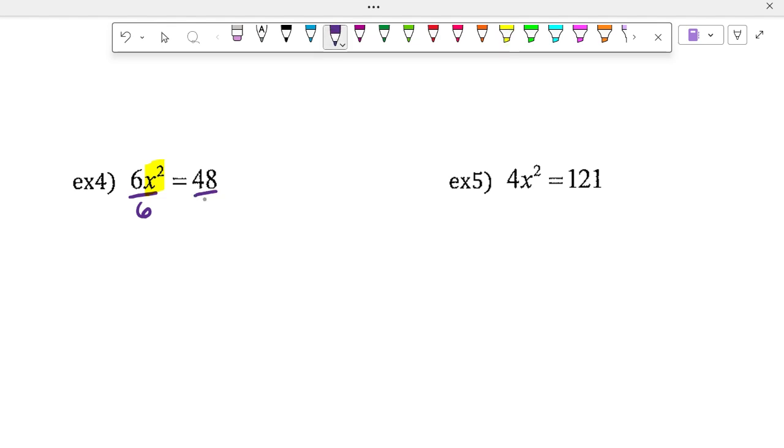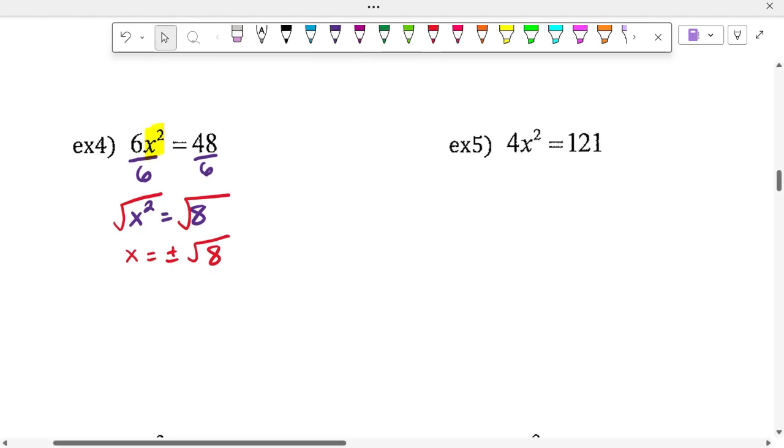So I'm going to divide both sides by 6. So x squared is equal to 8. Now I can take that square root. So x is equal to plus or minus the square root of 8. And then, of course, we need to simplify that radical. So if I simplify the square root of 8, what are two numbers where one is a perfect square that I can break 8 down into? 4 and 2.